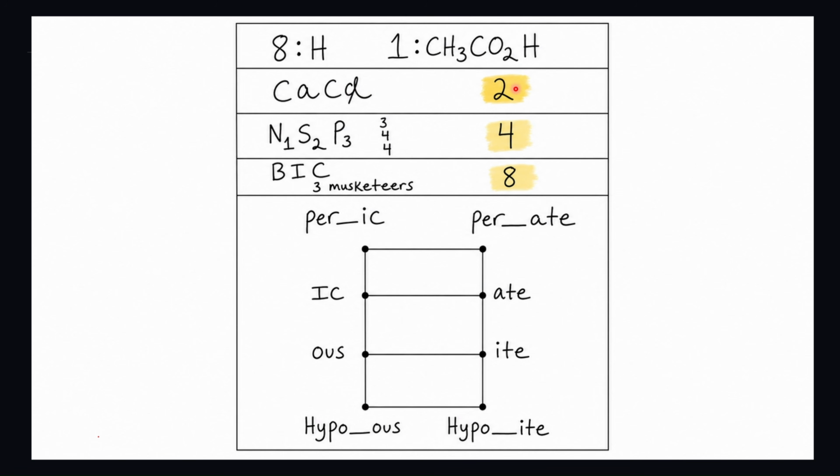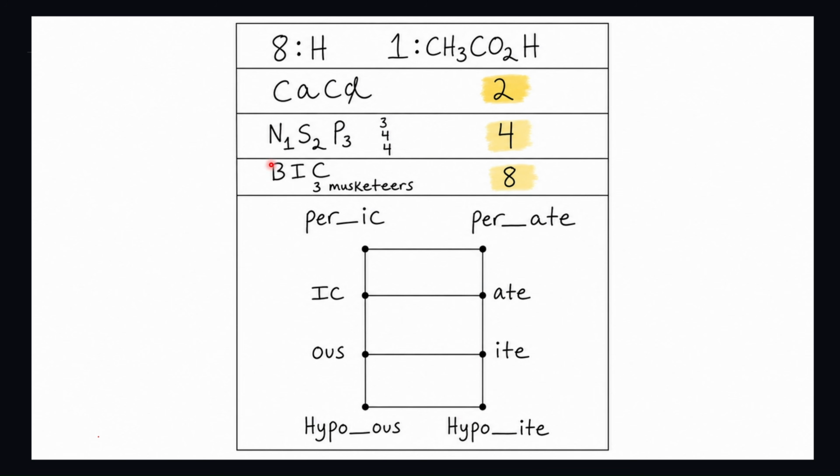Then we have the orphans, which consists of a family of 2 from -ic to -ate. Their acronym includes CAC: carbonic, acetic, and chromic. Next, we have the NSP family, 1, 2, 3. It consists of a family of 4, and they end with the following subscripts: 3, 4, 4.